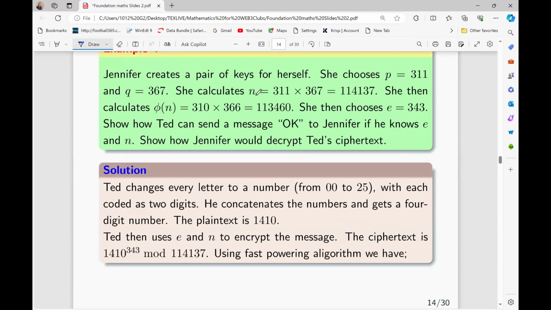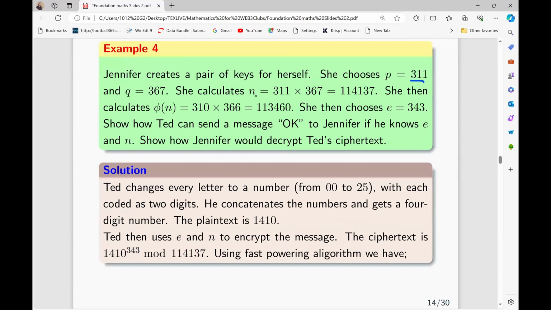She has chosen 311 as P, and then she has chosen a Q. She'll have to calculate N. And then she'll also have to calculate phi of N, which is just 310 times 366. She gets that. Then she looks for a number which is relatively prime to this.